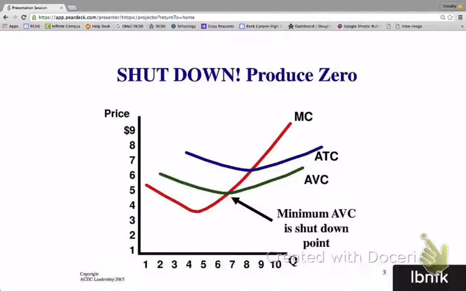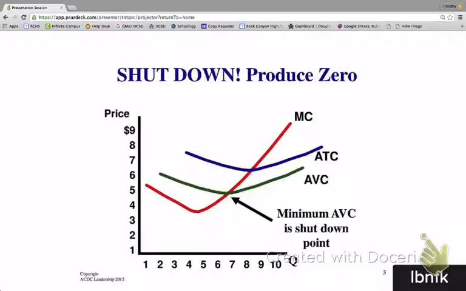So here is a graph that shows the shutdown price. We have our U-shaped average total cost curve, our U-shaped average variable cost curve, and our Nike swoosh marginal cost curve. So we can see that where average variable cost is at its minimum is the shutdown point, where it crosses the marginal cost curve.